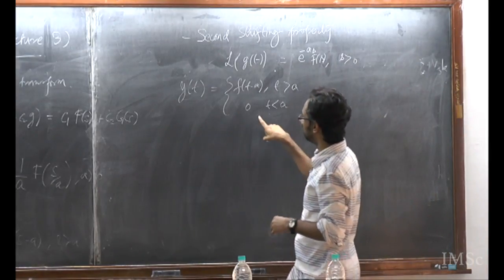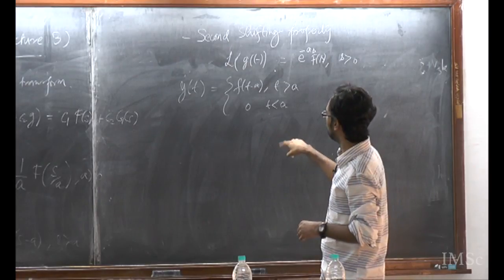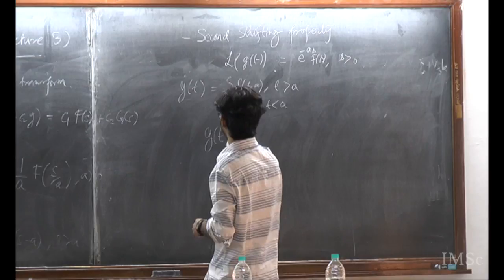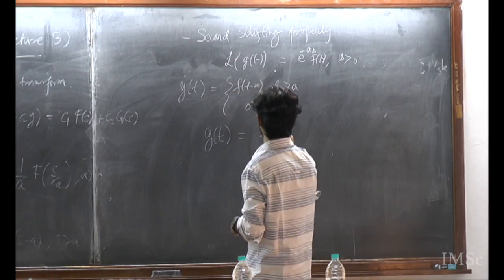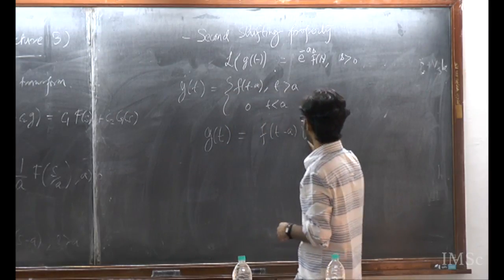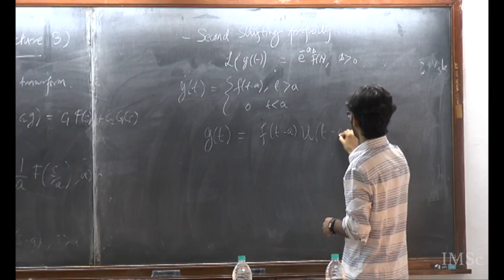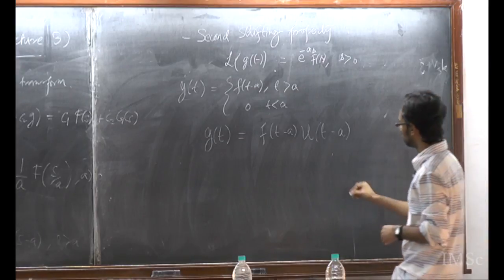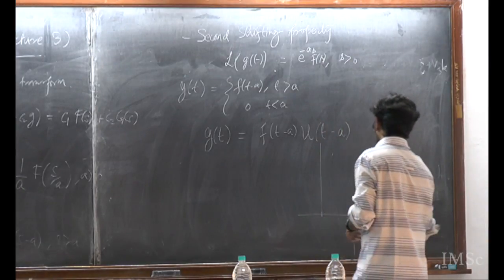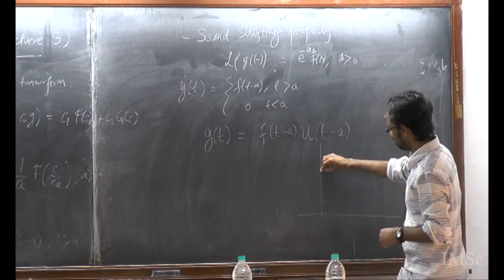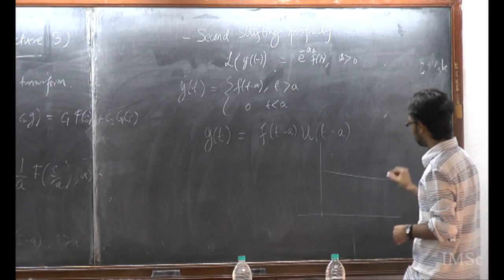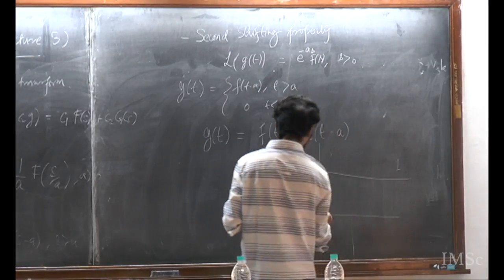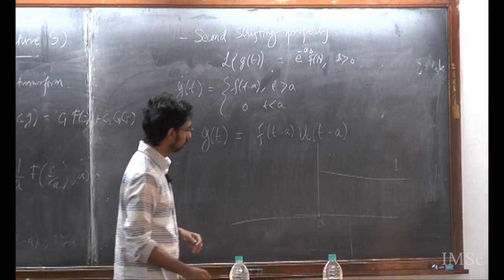So we will talk about unit step functions today, and in fact this g(t) can be written as f(t minus a) u(t minus a), where u is the unit step function. It looks something like this. This is the step function. This is 1 for t positive and 0 in the negative part.